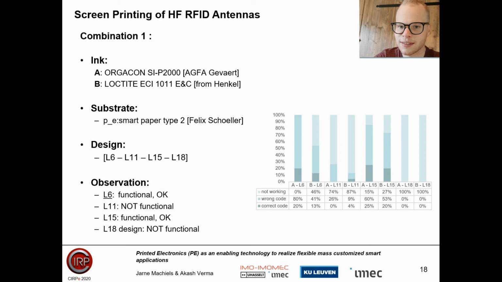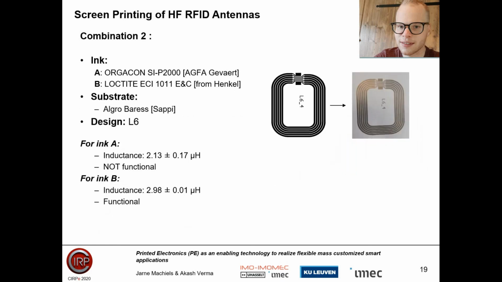The results of this test show clearly that the L11 and L18 designs did not generate functional antennas, in contrast to the other two designs. Especially the L6 design looked very promising for printed high-frequency RFID antennas, and for that reason we selected this design for further investigation. In a second experiment, the L6 antenna was screen printed with both silver inks on the standard label material Alcobares.